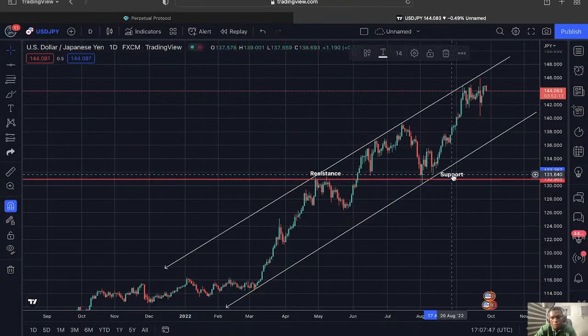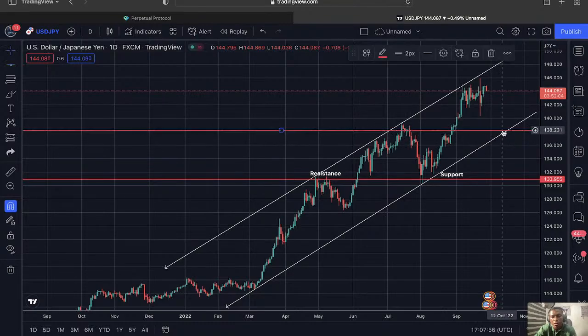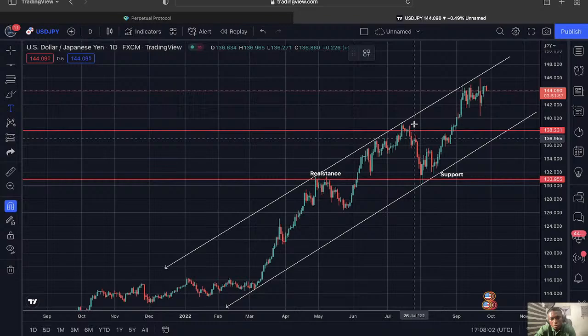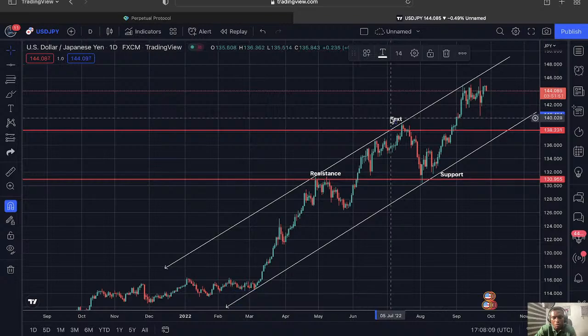Okay, let's mark another level of support and resistance again. You can see it's at this region. And this is now the new resistance. So we call this place resistance.